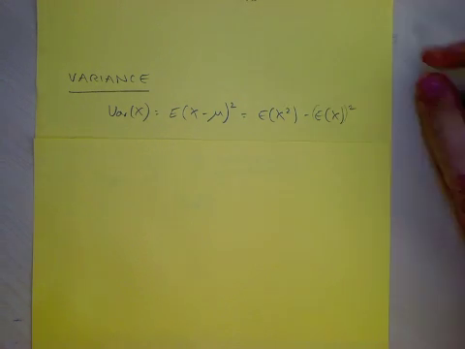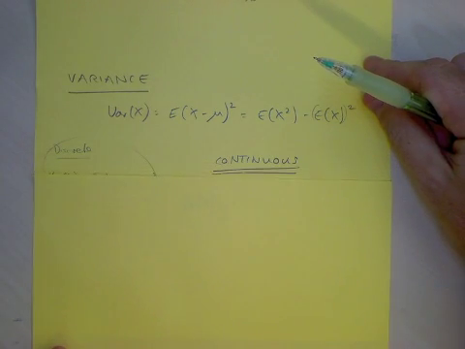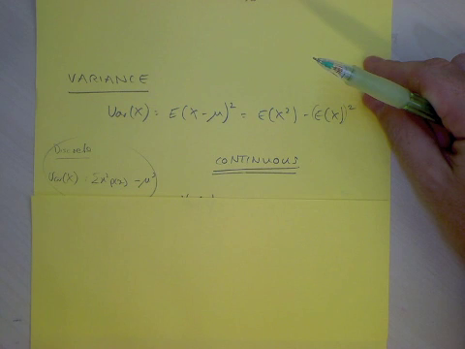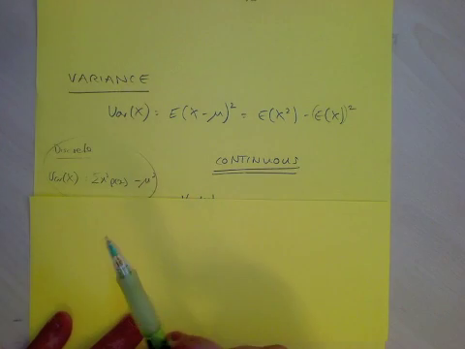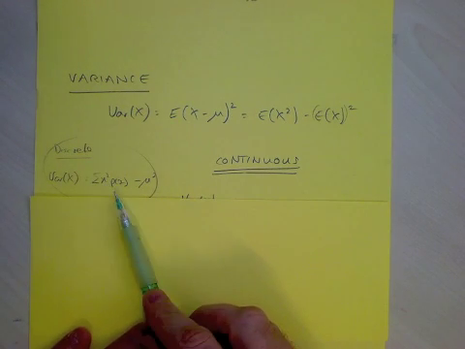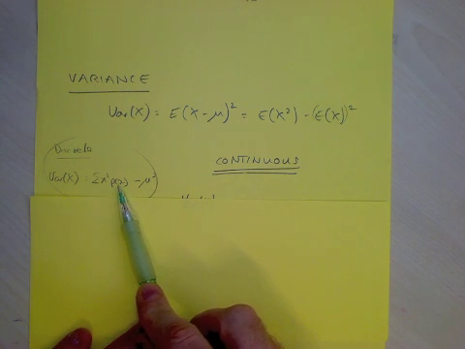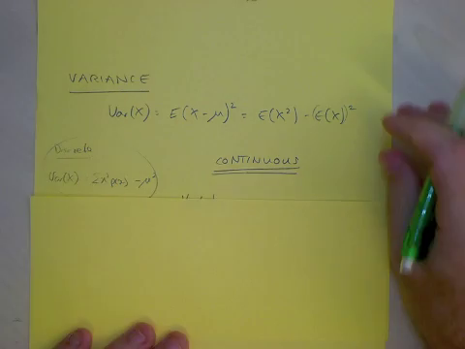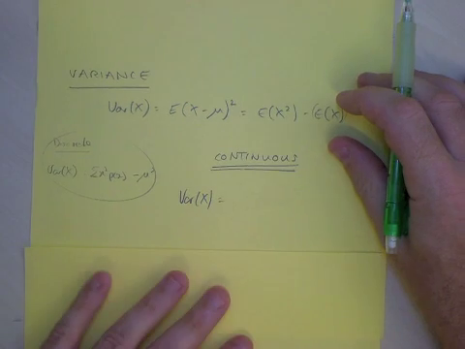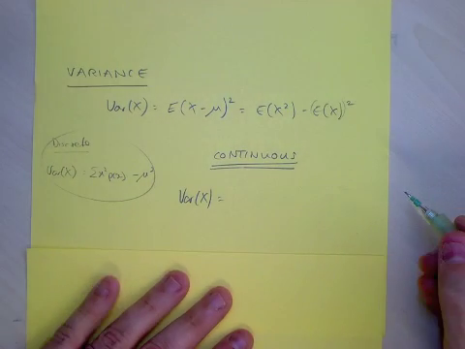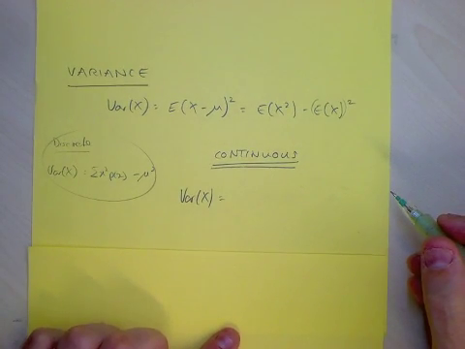If we think back to the result for discrete random variables, we'll remember that it was the sum of x squared times the corresponding probability and then subtract the mean squared. So using the same idea, I can just write down the corresponding result for a continuous random variable.